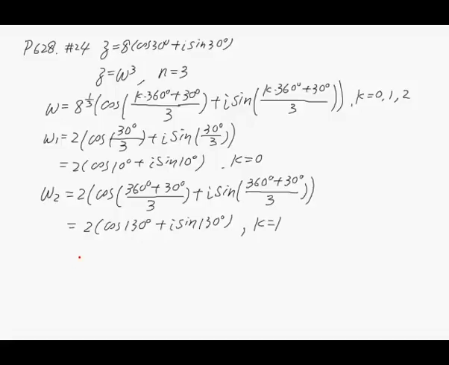Now let's look at the third cube root, w3. You have 2 times cosine of (2 times 360 degrees plus 30 degrees) divided by 3, and then plus i times sine of the same argument.